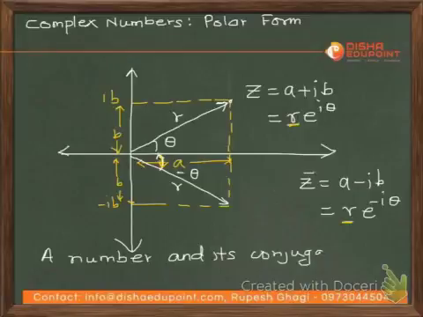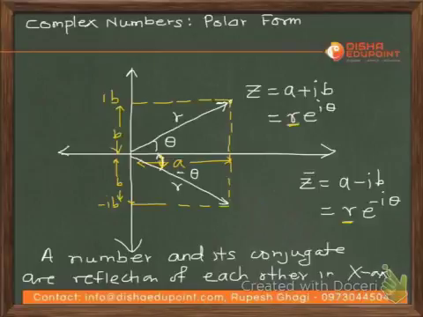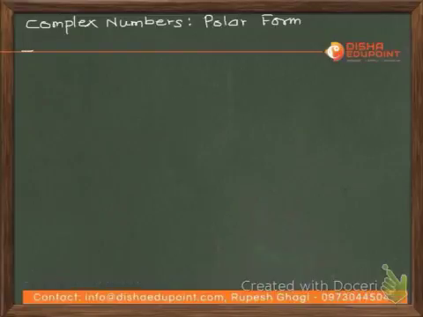For every number, its conjugate can be considered as the reflection of that number about the x-axis. So every number and its complex conjugate are like images of each other in the x-axis.